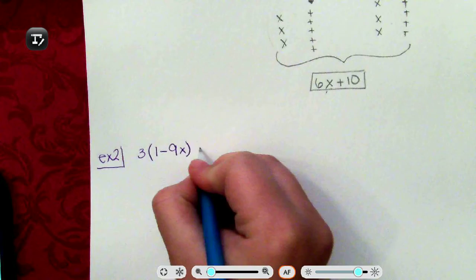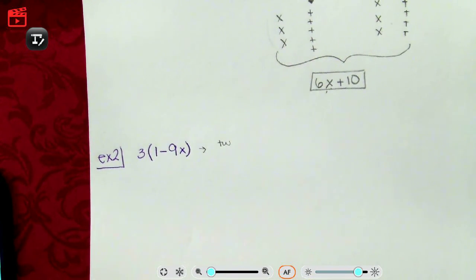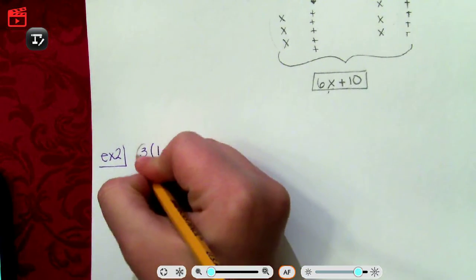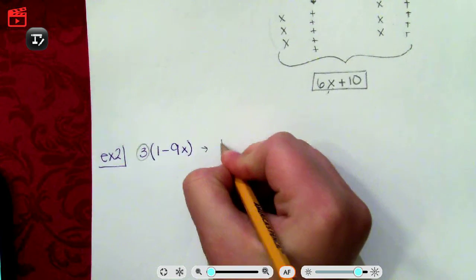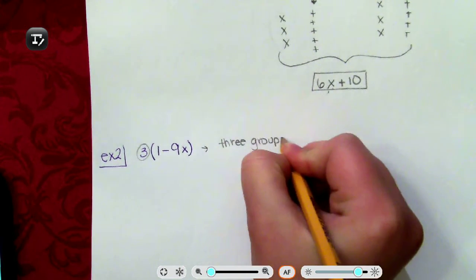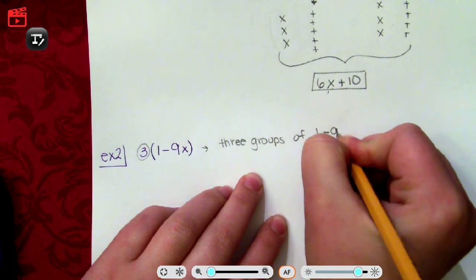Let's translate that. We have 2 groups. Ooh, I'm already making mistakes. How many groups do we have? This number tells you how many groups. So I have 3 groups of 1 minus 9x.